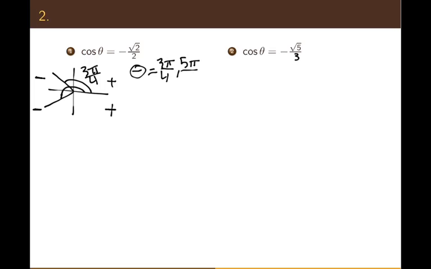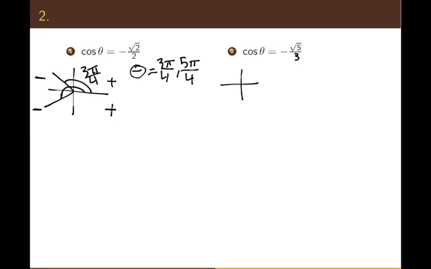If I didn't memorize that, I could remember that it's in these two quadrants and it's a pi over 4 reference angle, so it ends up there. The other one: cosine theta is equal to negative square root of 5 over 3. Now I don't know what the solution is just by looking at it with my standard values. But I do know that cosine is negative.